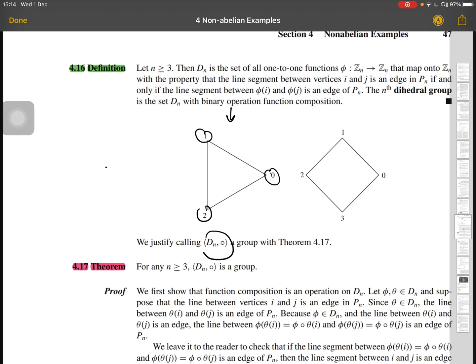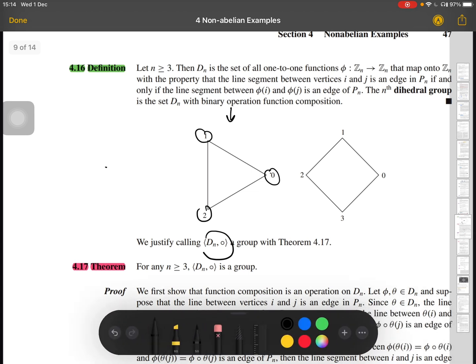So we look at the dihedral group as one-to-one functions that map onto integer modulo n. For this case, integer modulo 3. Okay, so how many one-to-one and onto mappings can you create? For example, I can start my first mapping with 0 map to 0.